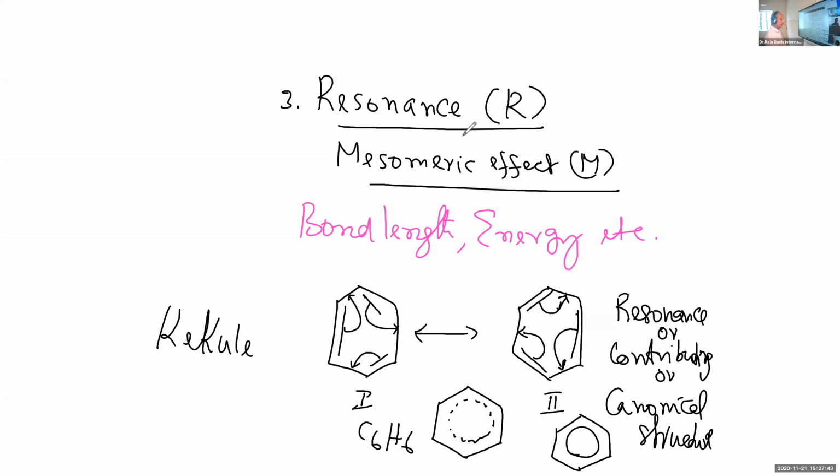Less the energy, more the stability. Due to resonance, an extra amount of energy known as resonance energy or delocalization energy is given out, and that much it is more stable. So the stability is increased by the release of resonance energy or delocalization energy.